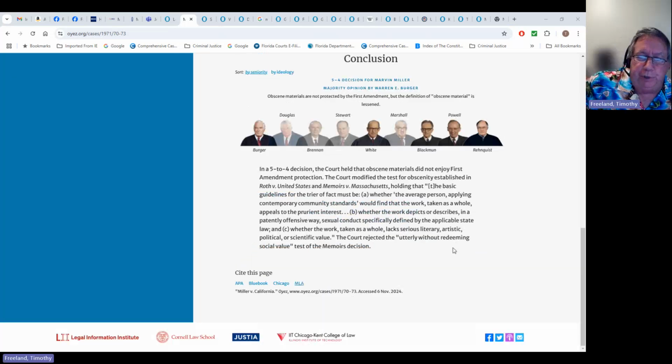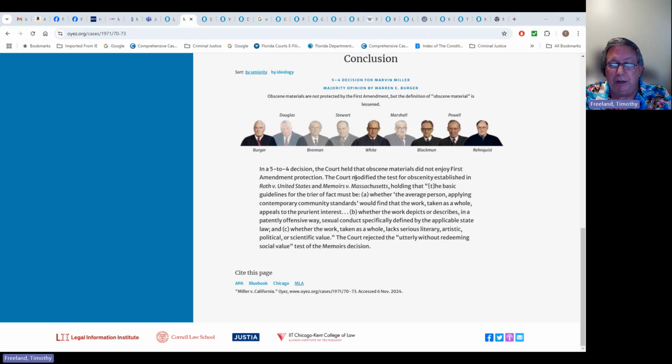In Miller, the United States Supreme Court was faced with how do we define obscenity? And again, Potter Stewart did say he knew it when he saw it, but actually defining it is difficult.